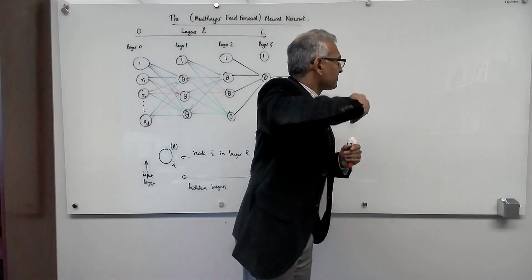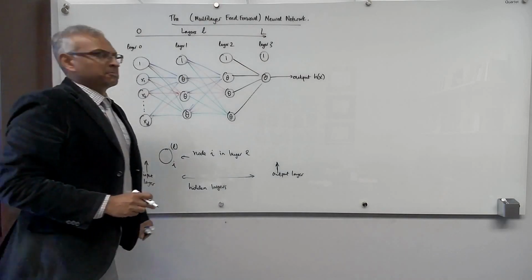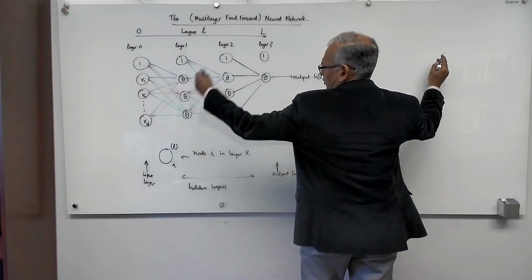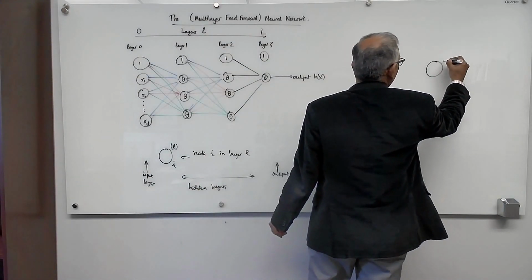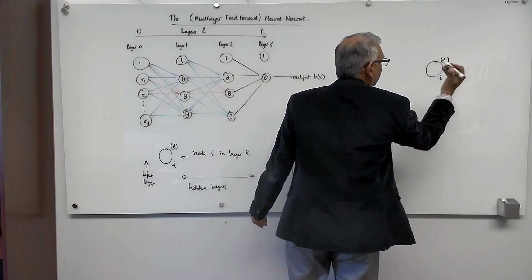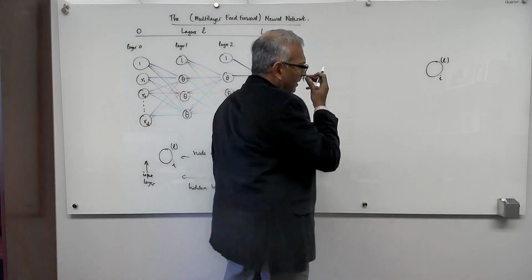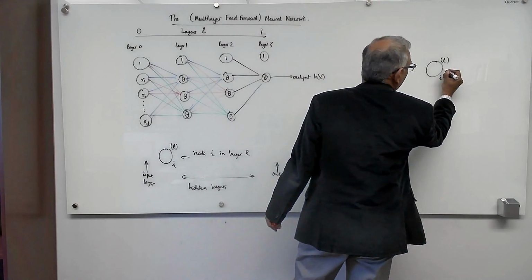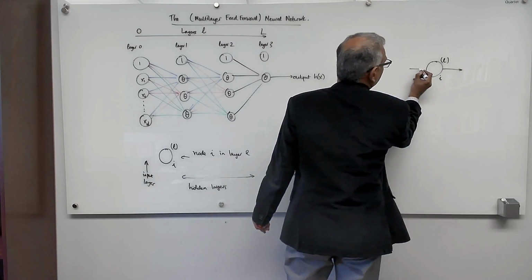So you have a typical node in your neural network. Let's call this node in layer L, and it's node I. It has some output, and there's an input to this node.